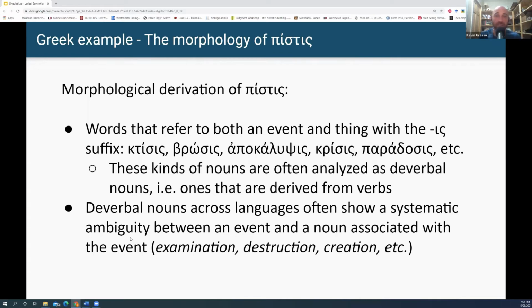This does not mean that any noun with this -sis ending has this suffix, just like you couldn't say that any noun with -tion has the -tion suffix in English. So a noun like nation presumably is not derived from another verb, right?